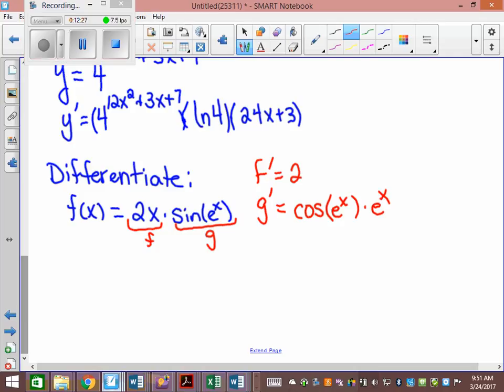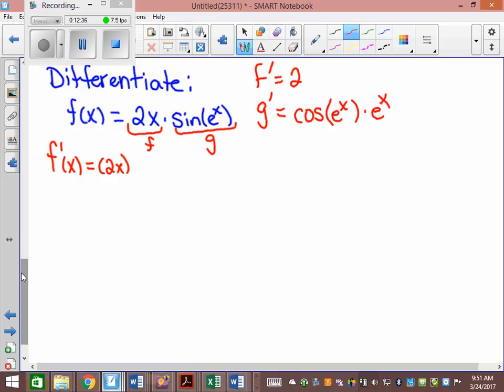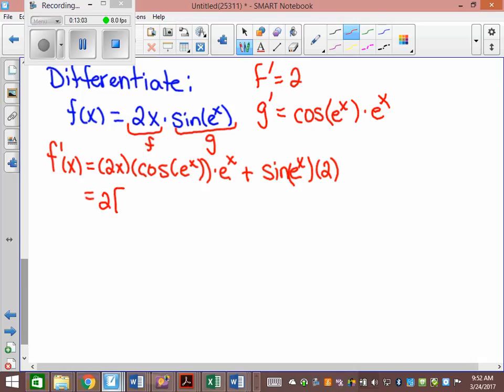So you're going to get f prime of x equals f times g prime plus g times f prime. Now I can take a 2 out of all of them, so I'm going to get a 2, and then I'm going to be left with x e to the x cos e to the x.